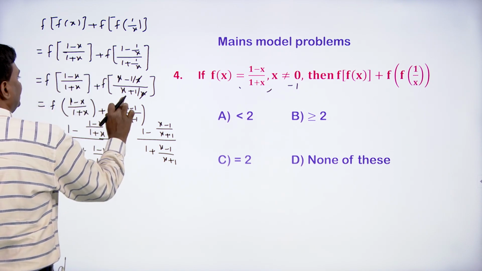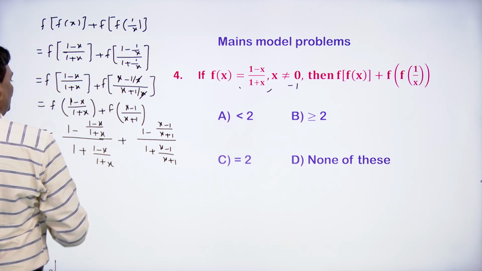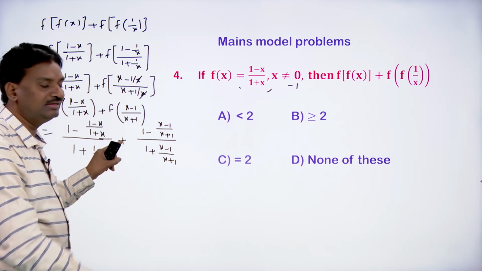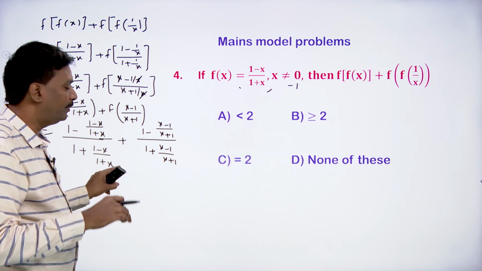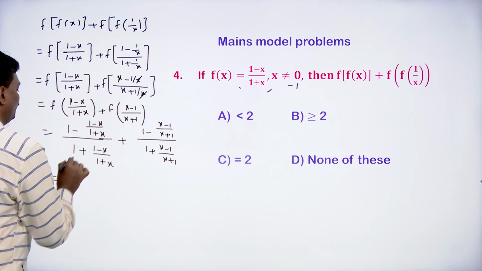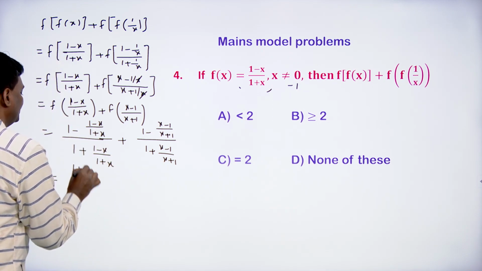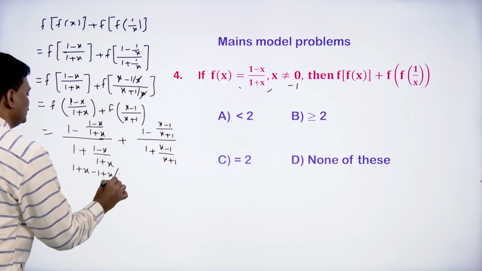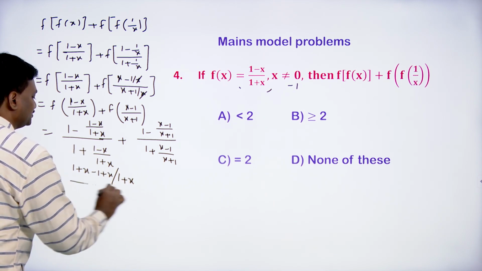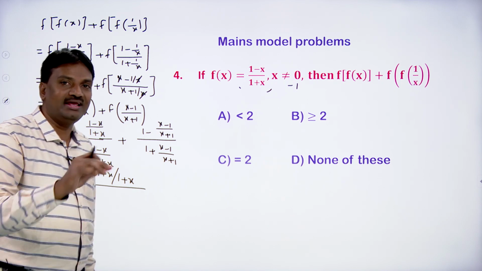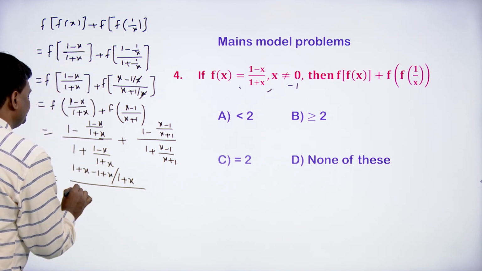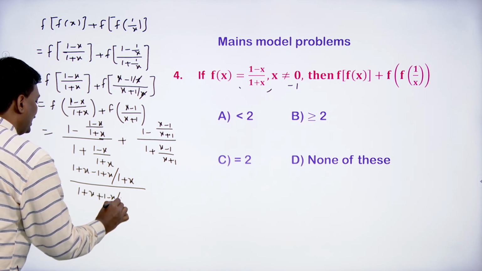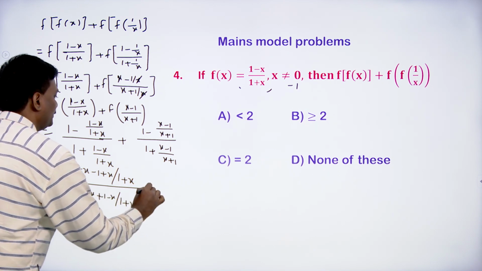So by simplifying this we will get, in numerator by taking 1 plus x as LCM, in denominator also by taking 1 plus x as LCM. So 1 into (1 plus x) minus 1, minus of minus plus x, by 1 plus x. In denominator also by taking 1 plus x as LCM, (1 plus x) plus (1 minus x) by (1 plus x).